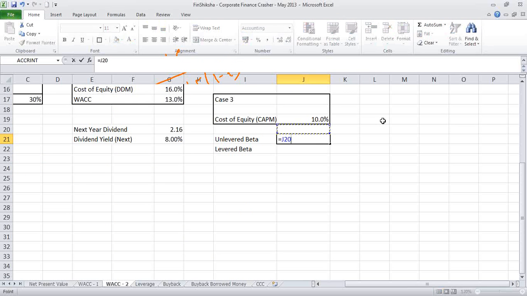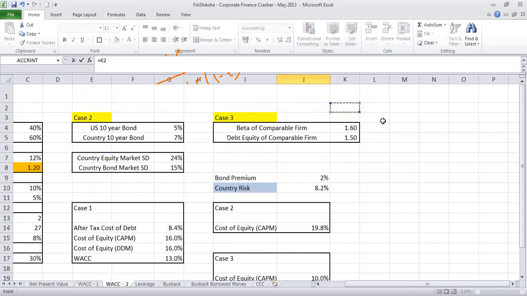So effectively, if we calculate for this, we will get the unlevered beta of the comparable firm. So this is equal to 1.6 divided by 1 plus the debt by equity, which is then multiplied by 1 minus the tax rate, which is given here. Let me just add a few brackets.